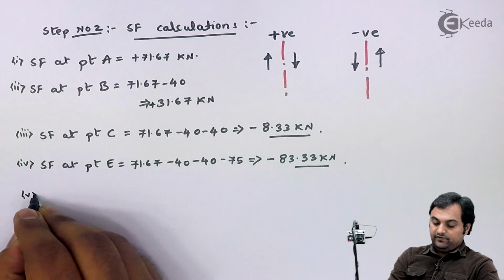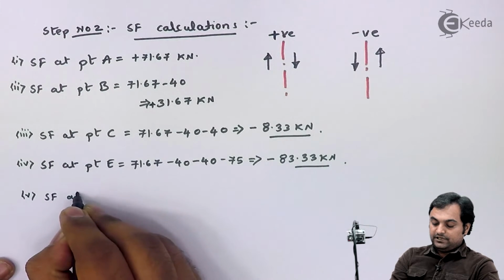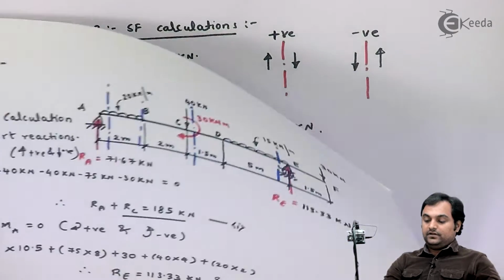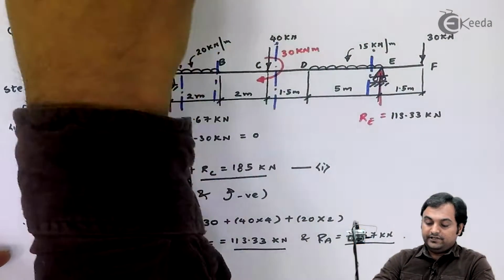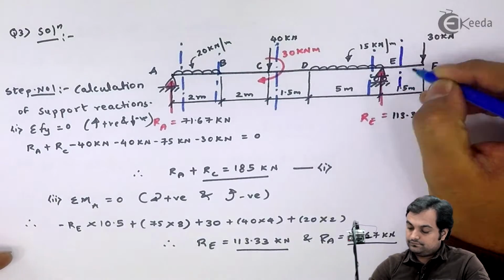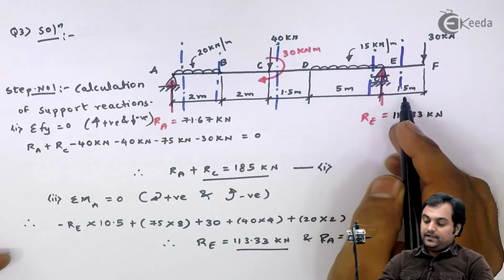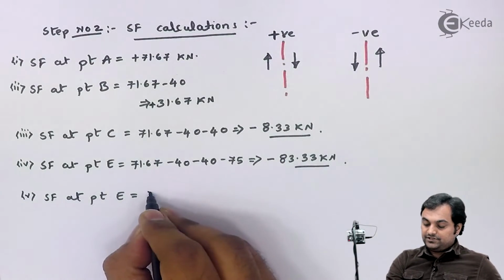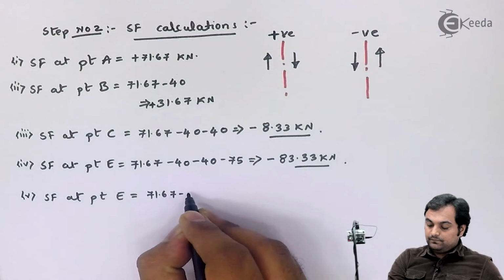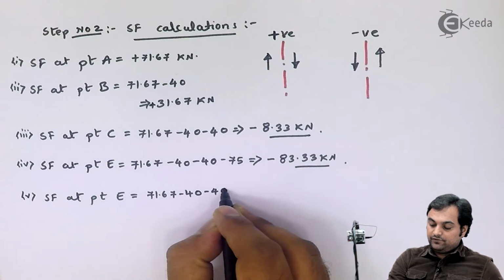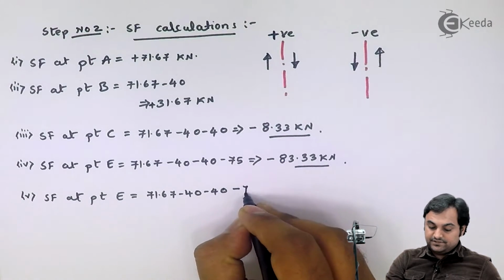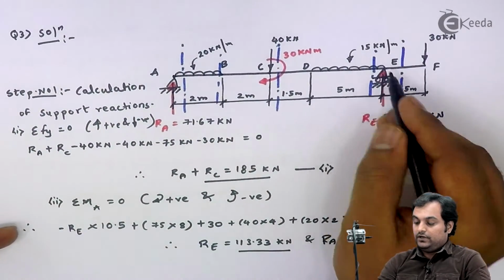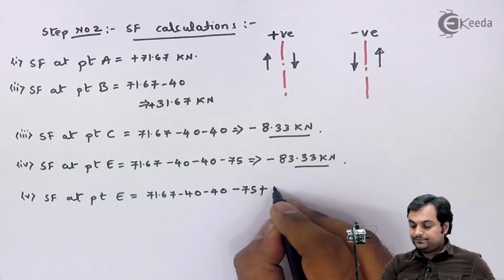Now we will get one more value of shear force at point E. That will be by taking the section to the right of E. So here I have, if I take the section to the right of E, RA, which is upward, 71.67 minus 40 minus 40 minus 75 and plus 113.33.